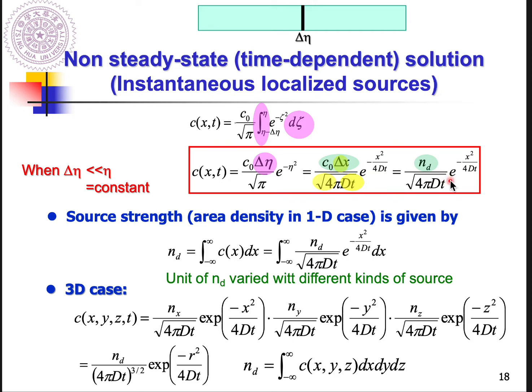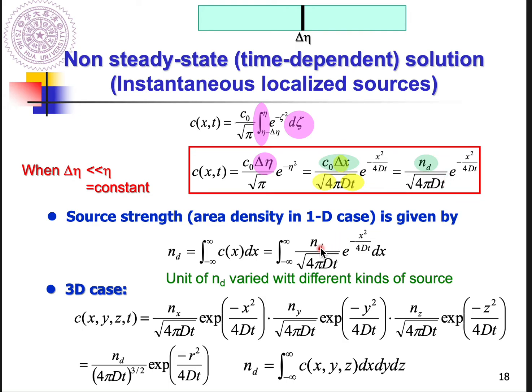This power order is 1/2, and this is 3/2 for the 3D case. And also, in order to get the accurate ND, you can integrate this concentration profile along x, y, z. So this is the 3D diffusion case, and this is 3/2, and the one-dimensional is 1/2.